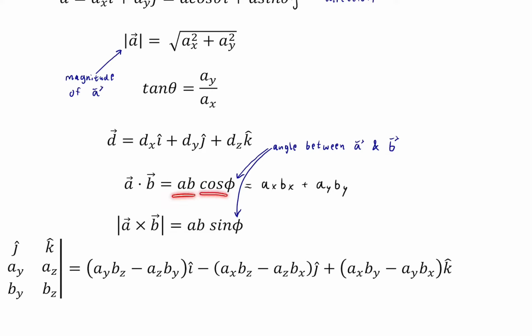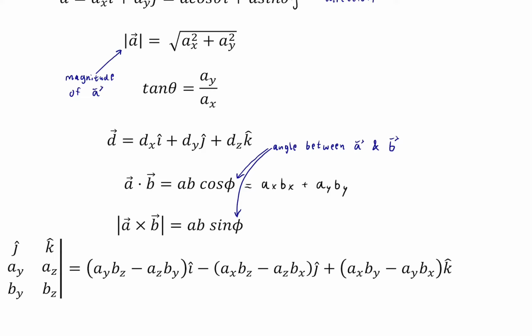A times B times cosine of the angle between the vectors is fundamentally equal to ax times bx plus ay times by. These are two identical statements, and it's the beauty of the way this mathematically works. Notice that for the dot product, it's the cosine of the angle between the two.